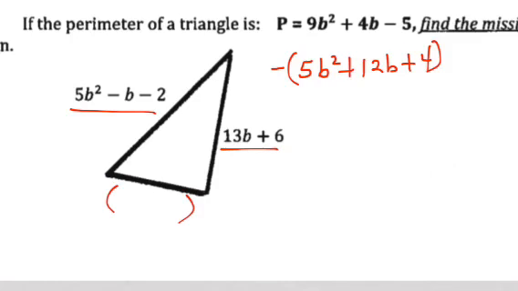We're subtracting this polynomial that we just made from the polynomial that exists right here. So what that's going to do is change the signs of everything on the inside.